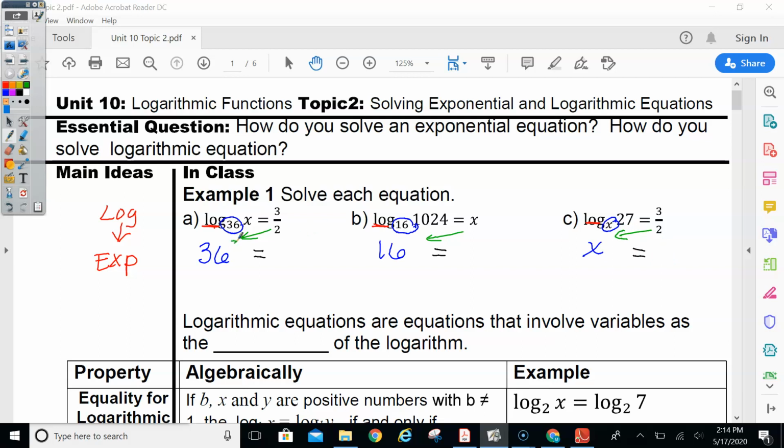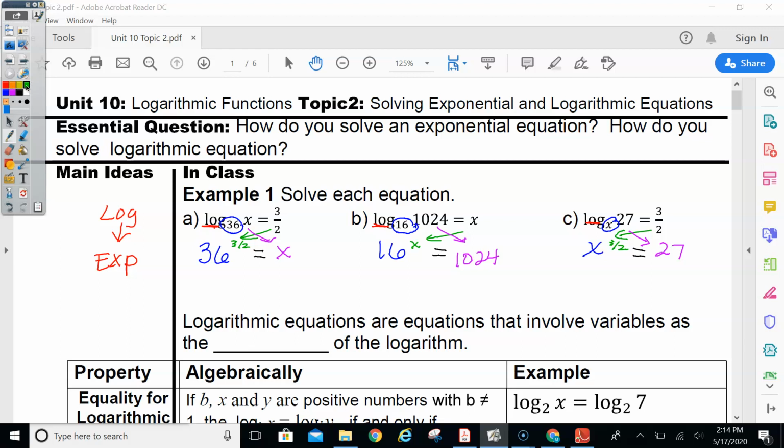So here this one's going to be 3/2, and the argument is going to go over here and be x. So the argument is 1024, and the exponent is x. So again, 3/2 here, and the argument is 27. So yes, you can use a calculator, but I'm going to review what these mean.